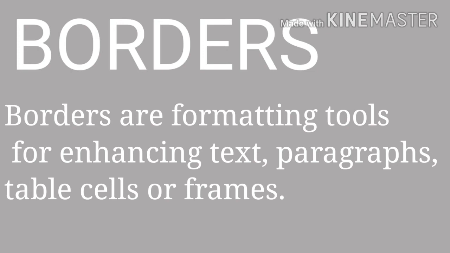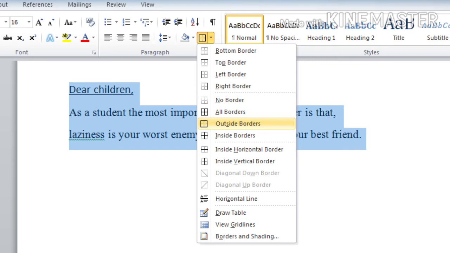And next is about borders, which helps us to give different types of borders to our typed text. Okay, so why are we using these borders? To improve the appearance of the text. And how can we use it? Yes, by selecting the text.